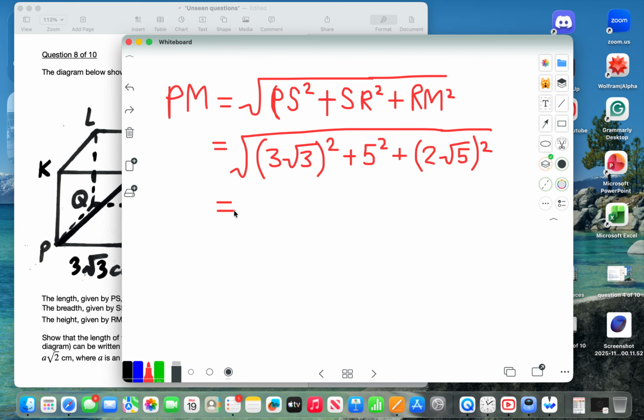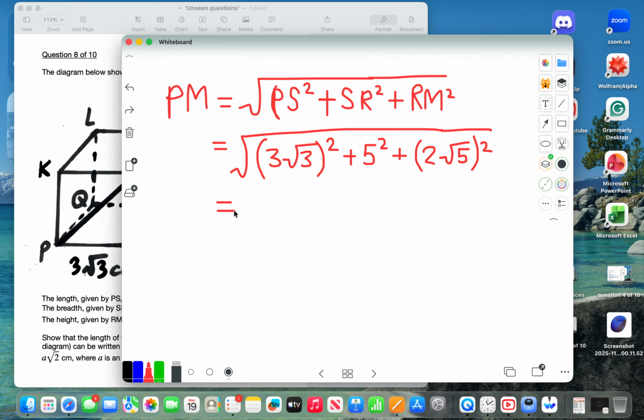So what we then have to do is we have to square out the 3√3 and the 2√5. And to do this, we have to use a bit of knowledge about the laws of surds. So this question is combining three-dimensional Pythagoras and surds.